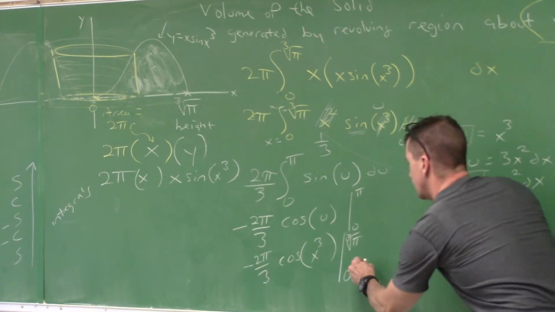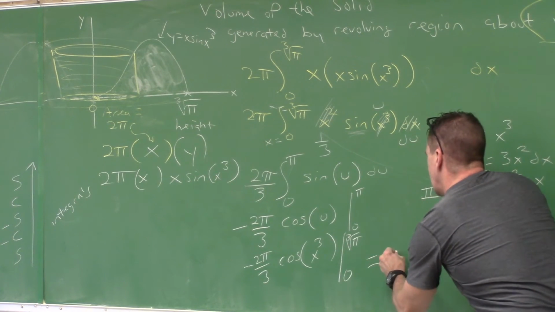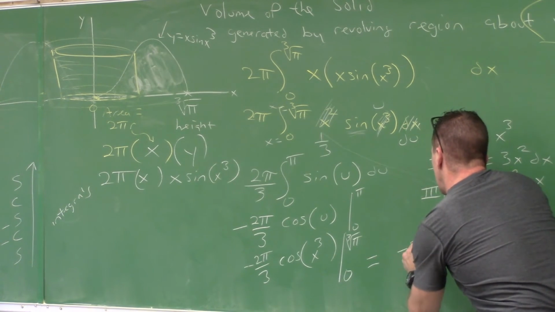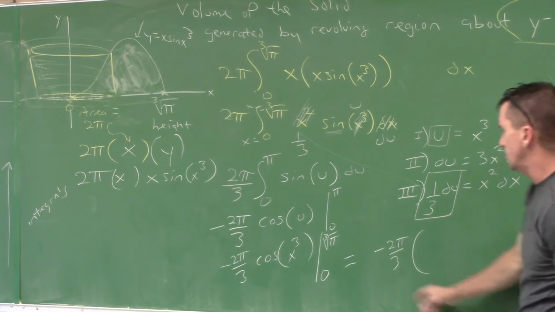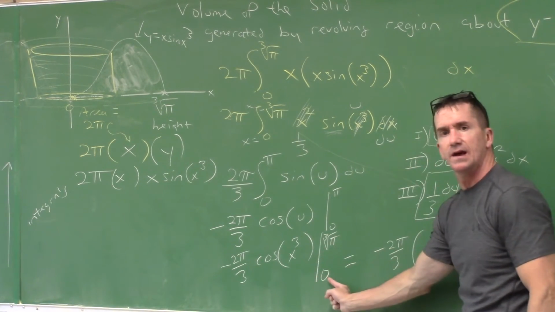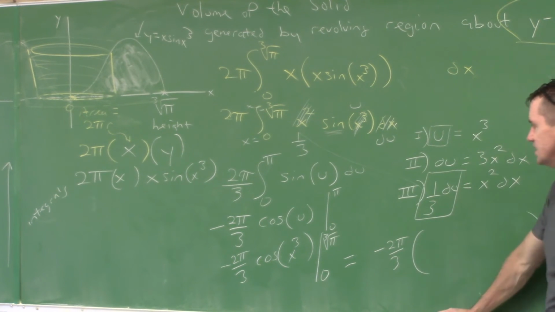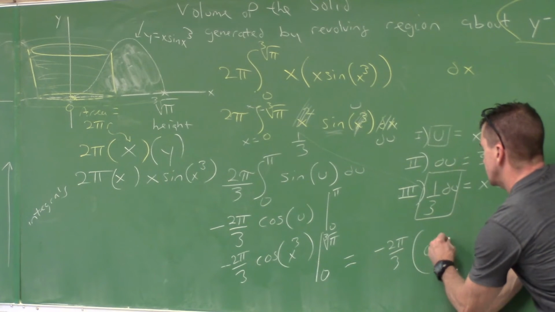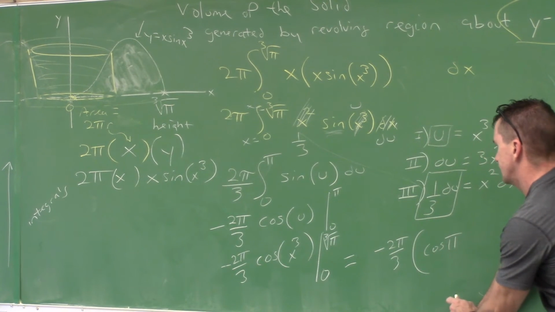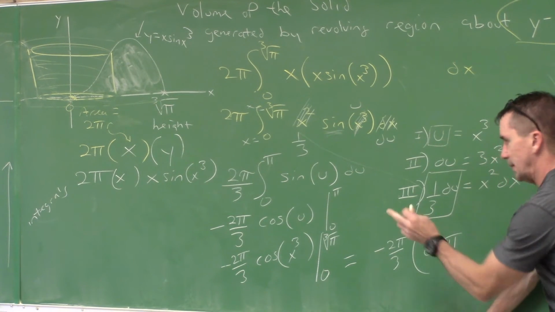All right, well, I'm going to use this one. What's negative 2 pi over 3 times, and all I'm going to do, everyone, is cosine of this minus cosine of that. What's the cosine of the cube root of pi cubed? That's the cosine of pi, right? Cool? And people know what that is?